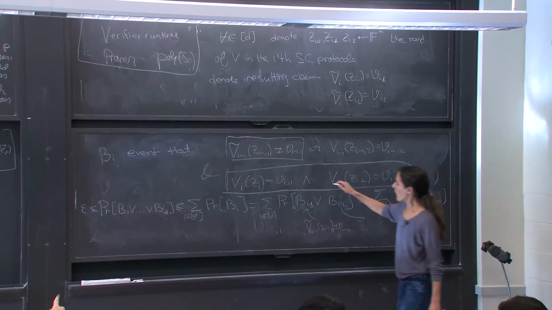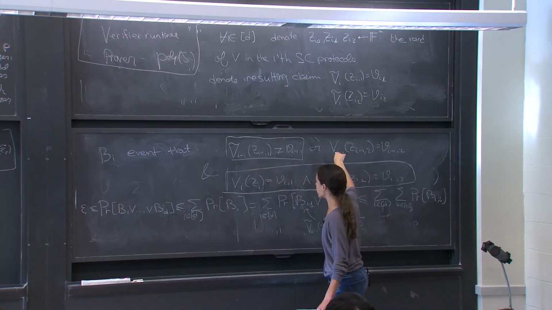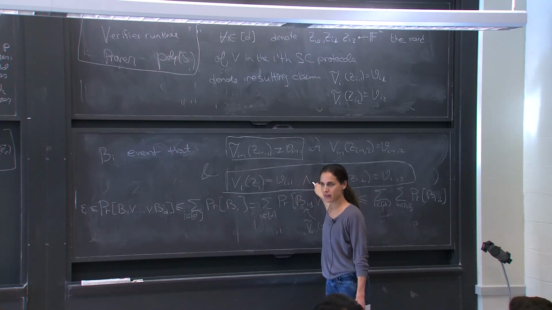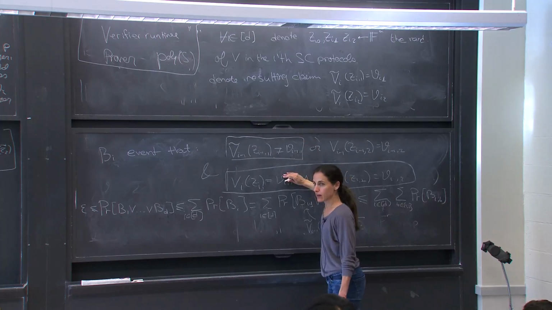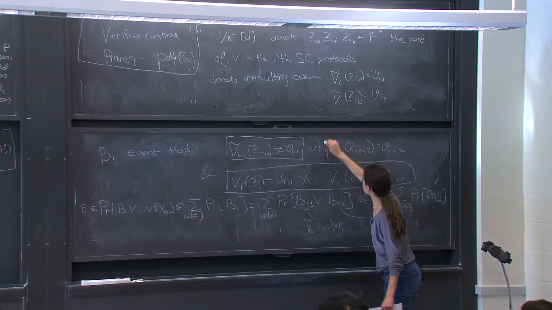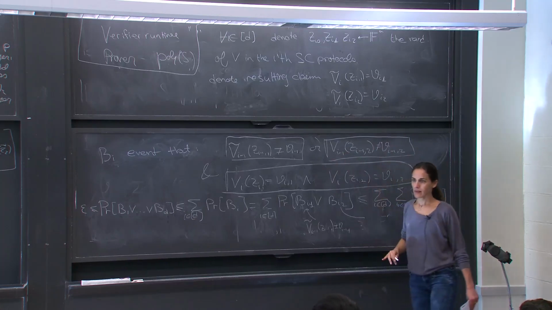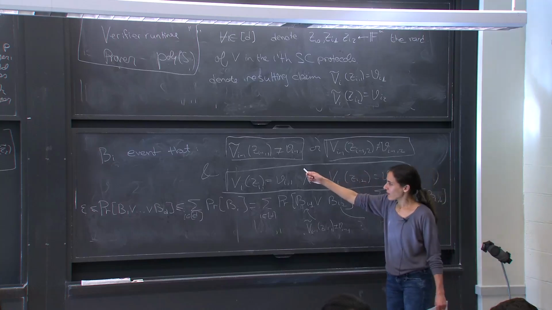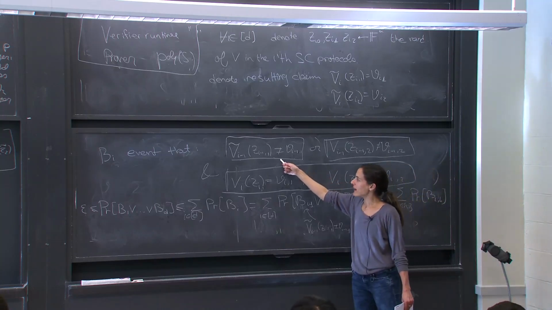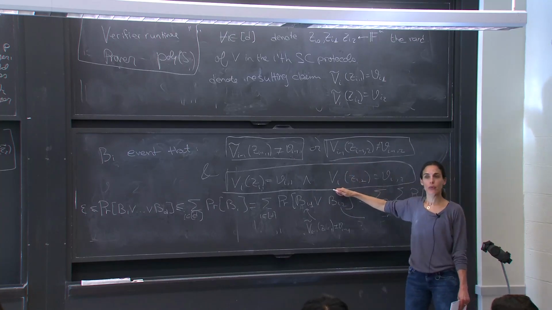Okay, so let me say, BI is the event that this or this or both of this. BI1 is just the event that this is false and this is true. BI2 is the event that this is false and this is true. So BI is the event that in layer i minus 1, one of the answers is false, but in layer i, both are true.